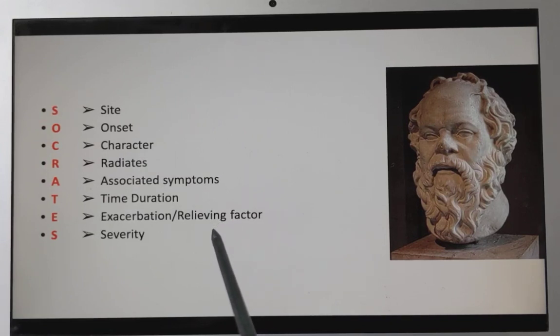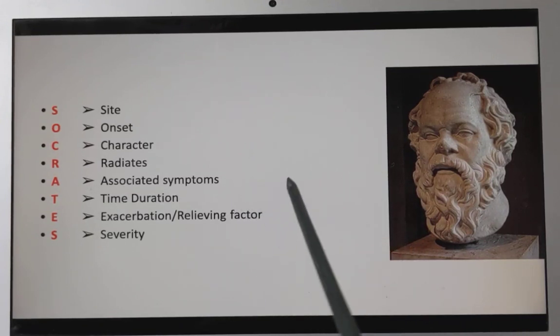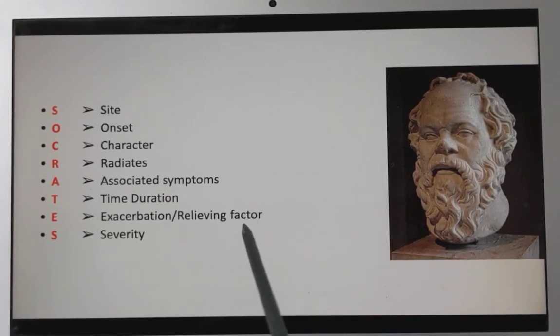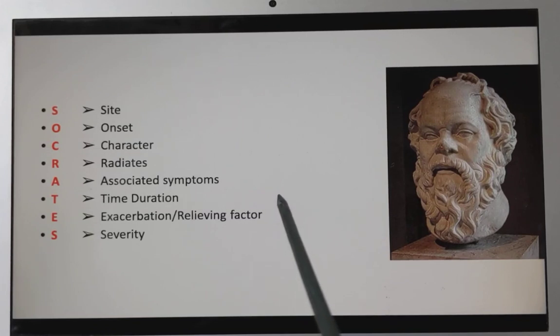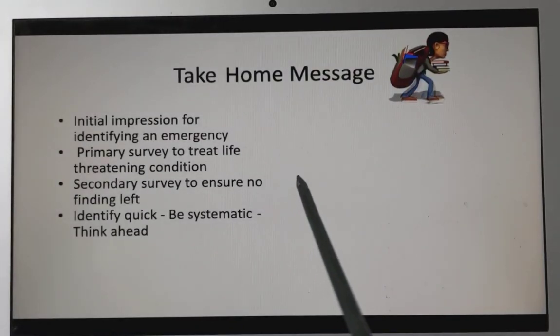And last, severity, how would they define it on a scale of 1 to 10? 10 worst ever, 1 minimal, or 0 none. Remembering this acronym is quite helpful. This way you would be able to take a comprehensive history of the patient.